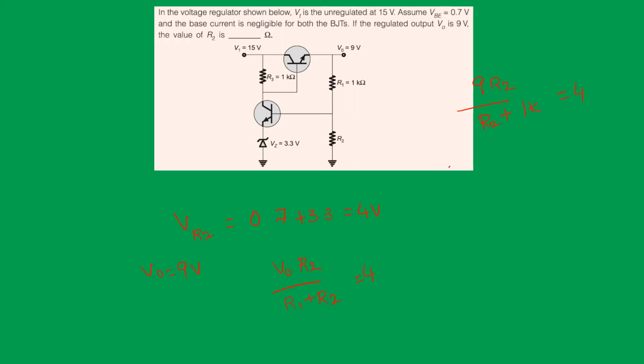Then 9 R2 equals 4 R2 plus 4K, and 5 R2 equals 4K, so R2 equals 4000 divided by 5. R2 is nothing but 800 ohm. So this is the answer for this question.